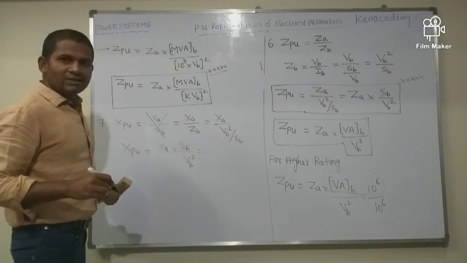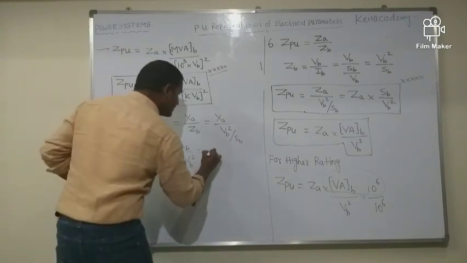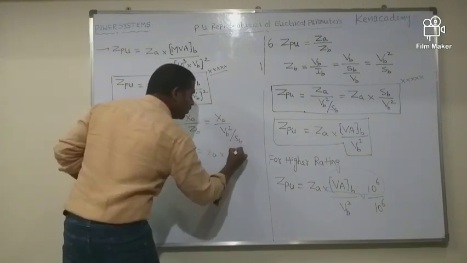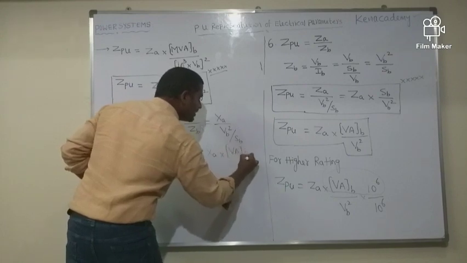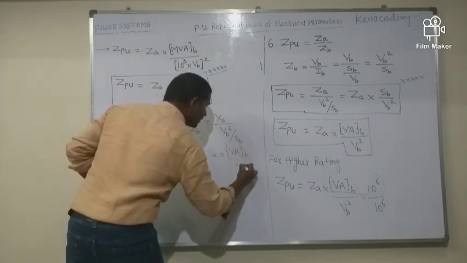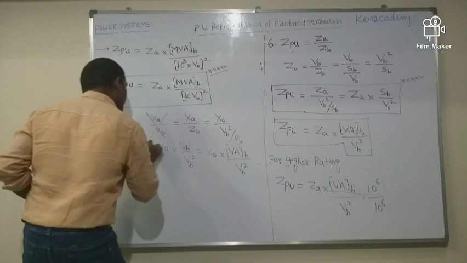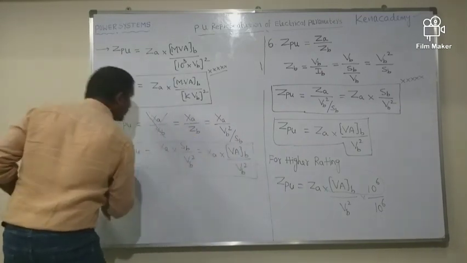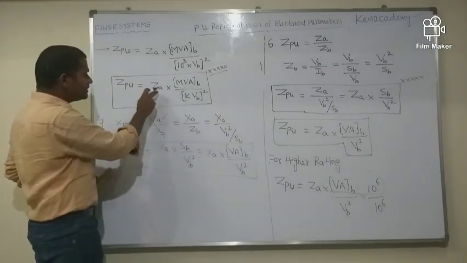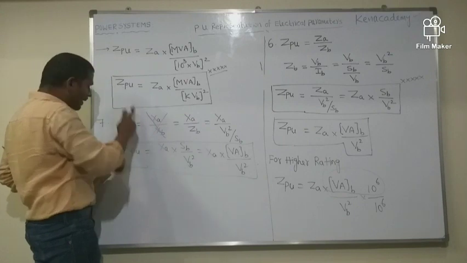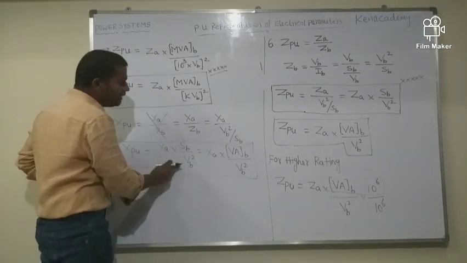Clear? This SB is nothing but volt ampere. That is X actual into volt ampere base, VA base by VB square. This is the per unit reactance. Similar to impedance, the only difference is replace Z by X.